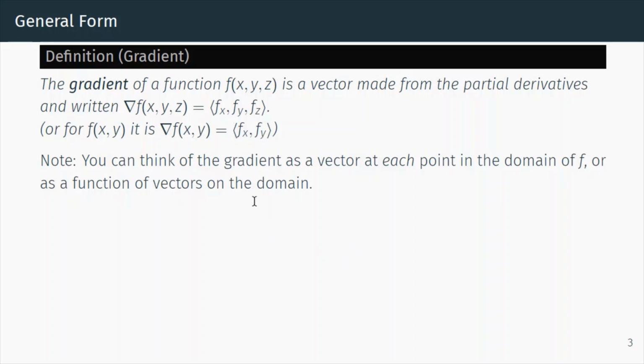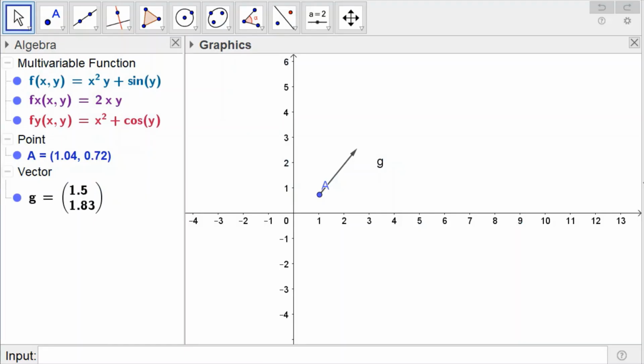What you can think of as the gradient is that at each point in the domain, there's a vector associated with that point. So in two dimensions, here's a multivariable function, for example. This would be the partial derivative fx. This would be the partial derivative fy. And then we just have some random point, and at each point, we just compute those partial derivatives.